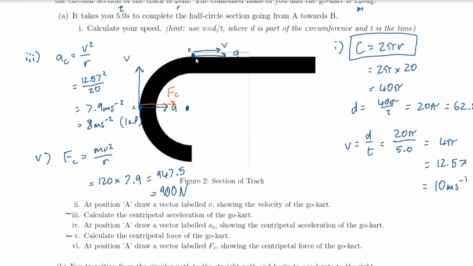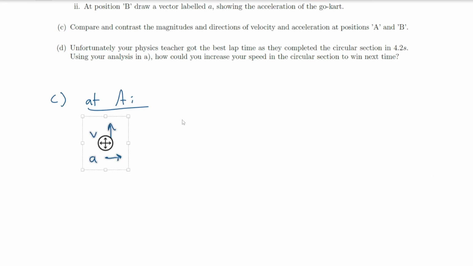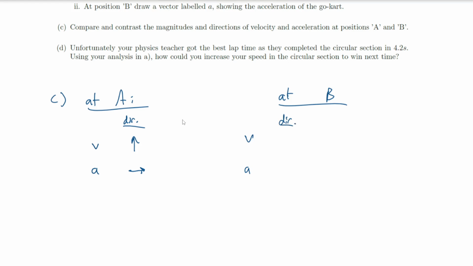Thinking ahead, we don't actually know the magnitudes of B, so we can't compare them directly, but what we can do is mention if they're constant or if they're changing. Let me just set this up. And then there we go, V and A again. So the direction, I'm just setting up a table so we can see everything on one page, and then we can put it into words.